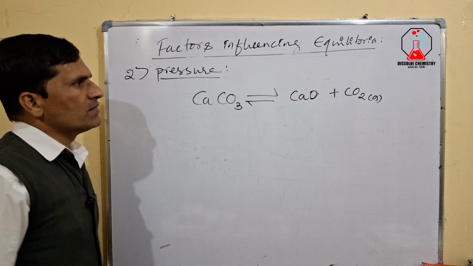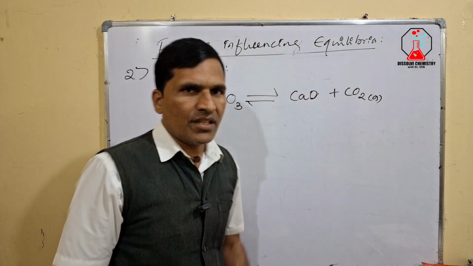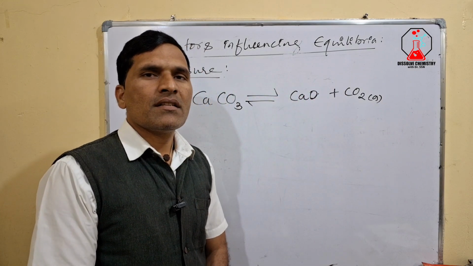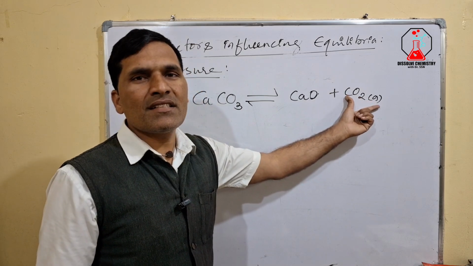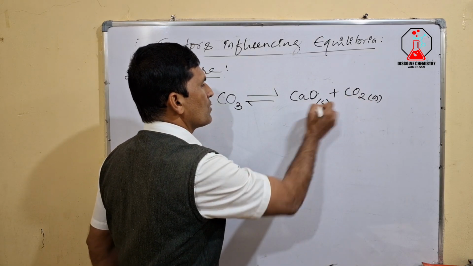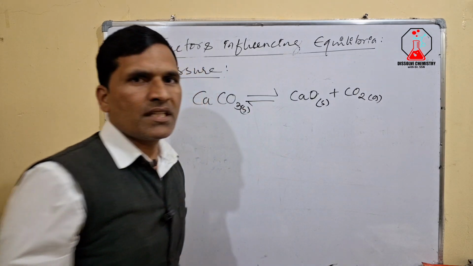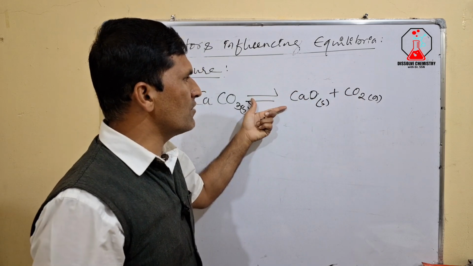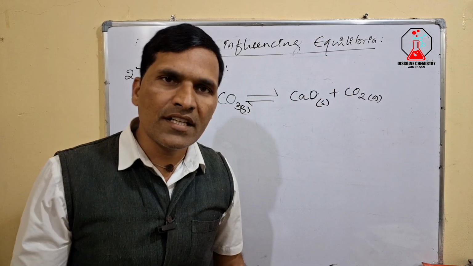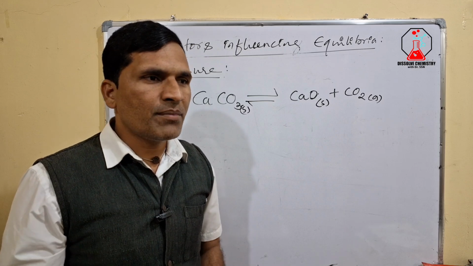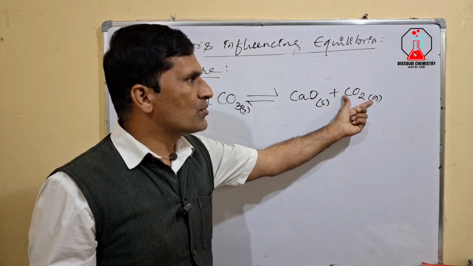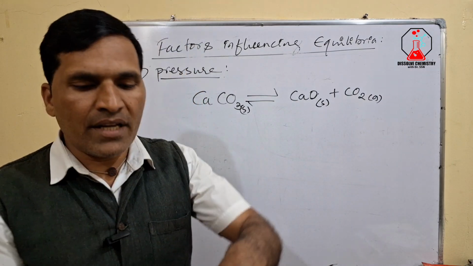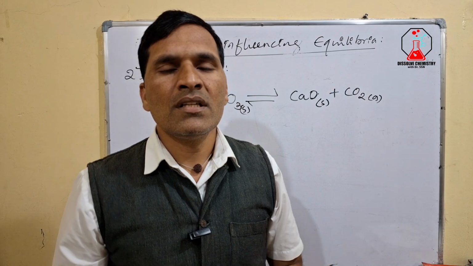Okay. So now in this reaction, as the reaction progresses, what happens? Pressure increases due to this gas. These two are solids. You should remember, it's a heterogeneous equilibrium. As the reaction progresses in the forward direction and establishes equilibrium, the pressure of the reaction will increase. That is due to CO2, which is on the product side. So if you increase the volume, what happens?